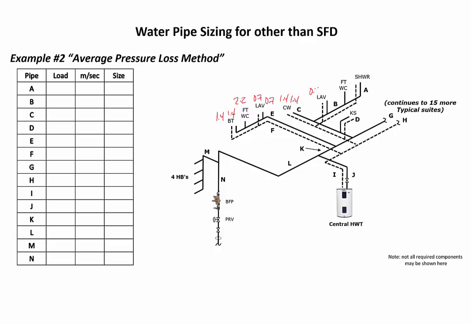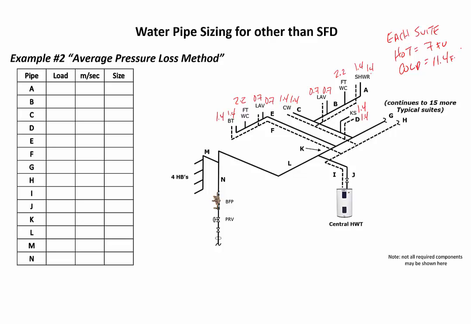Another lav over here. We got another washroom in this suite, flush tank, and another shower here, I should say. Kitchen sink, 1.4 each. So for each suite we have hot, a total of 7, and cold, a total of 11.4 fixture units.